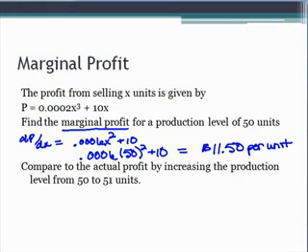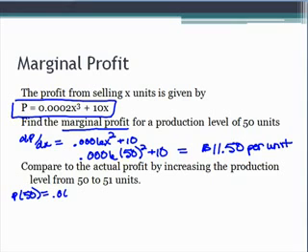Okay. Now it says compare to the actual profit by increasing the production level from 50 to 51 units. So to look for the actual profit, we would go to our profit function up here, and we want to substitute in a 50 for the x. So production level of 50. So I'd have 0.0002 times 50 cubed plus 10 times 50. We want to find the same thing for 51, so the actual profit at that point.